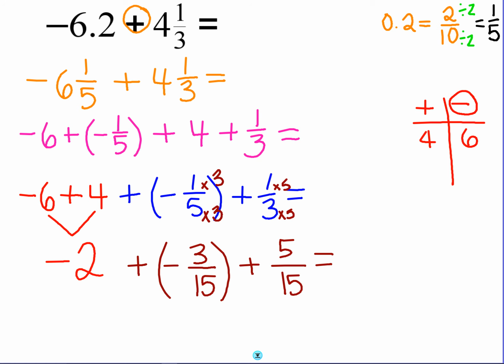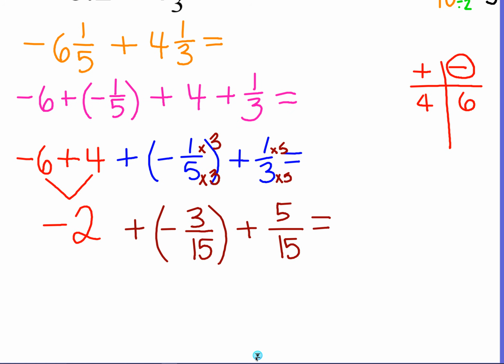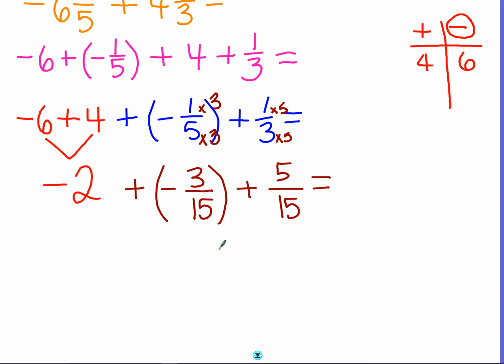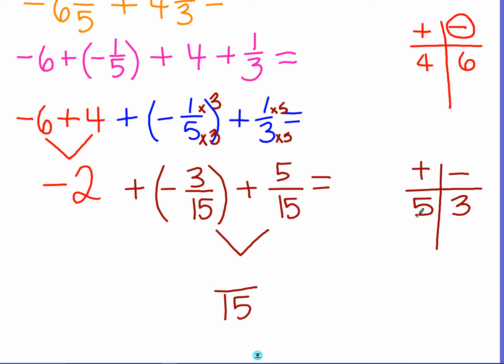Okay? And then moving down, my last step, I would need to look at the common denominator of these, which is 15. And so the numerators are negative 3 and 5. So same thing over here. I'm just going to do my scoreboard. I have 3 points on the negative team, 5 points on the positive team.